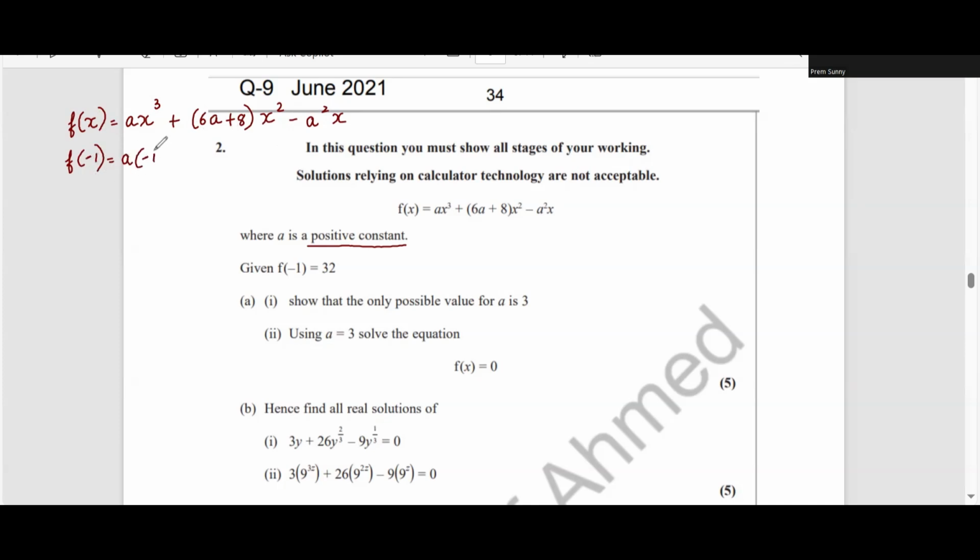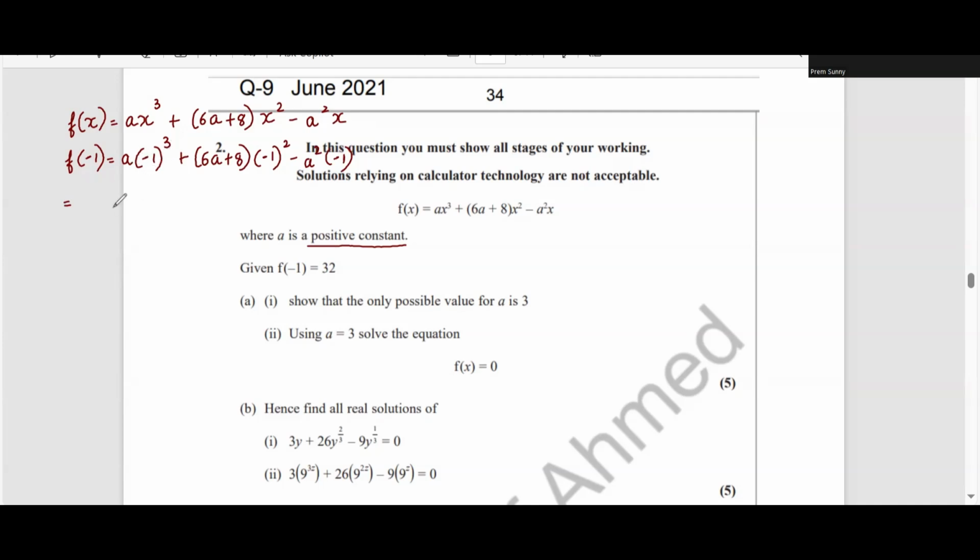So a into minus 1 the whole cube, plus (6a plus 8) into minus 1 the whole square, minus a squared into minus 1. Minus 1 the whole cube is minus 1 itself.